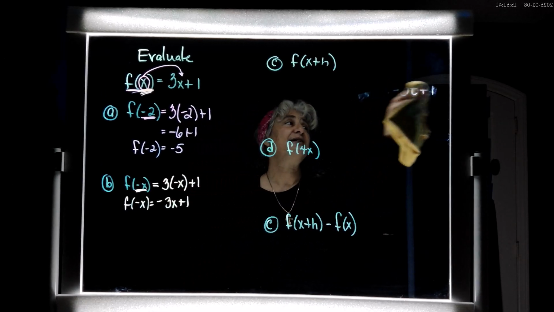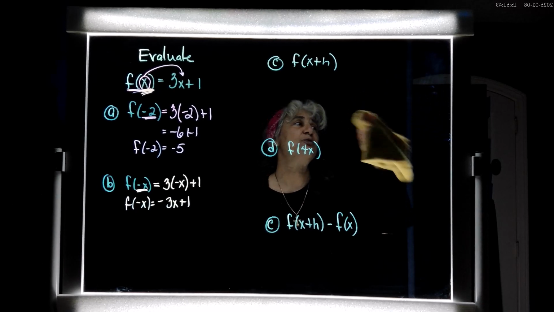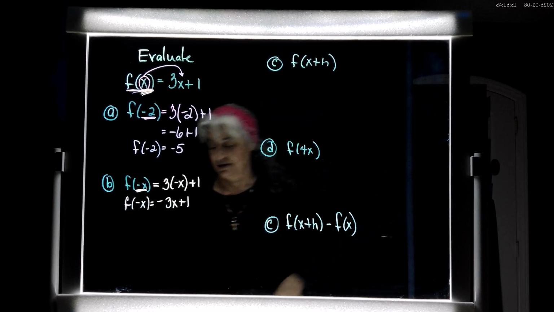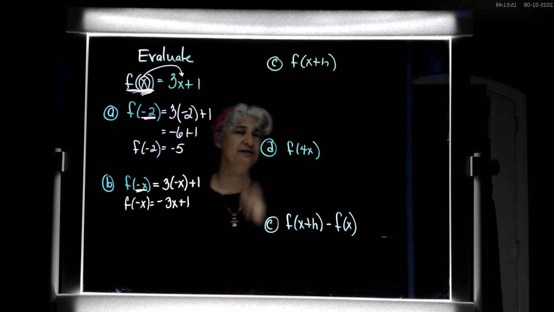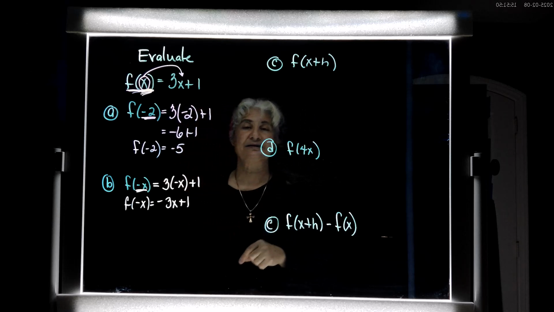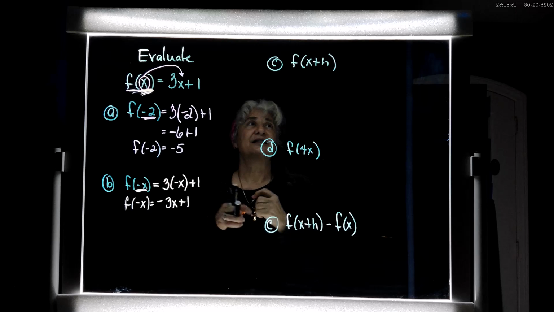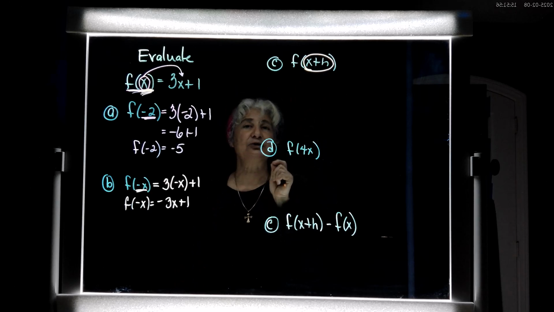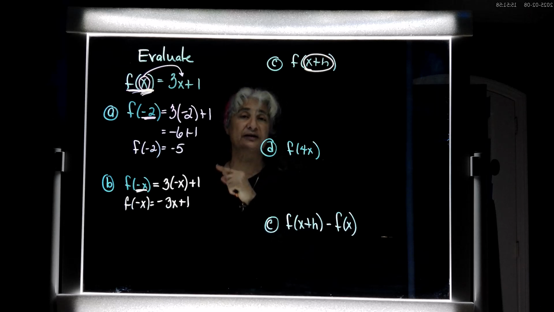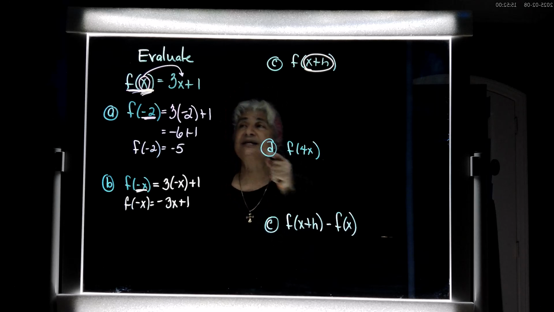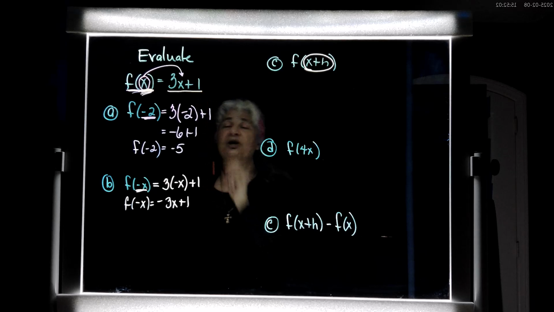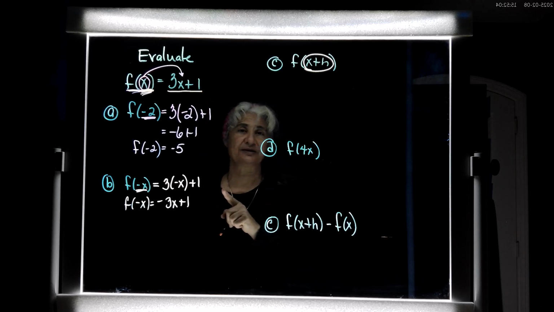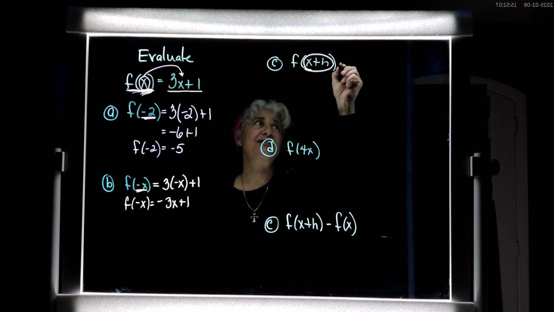Let's look at letter C. Letter C, in place of the x, what did they put? And don't say, well, they have a plus. That's not it. This is in parentheses, which means I need to look at it as one unit. So in place of the x in the original problem, you're going to put x plus h.